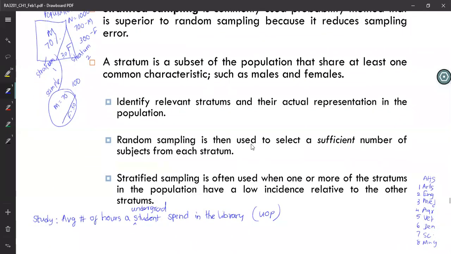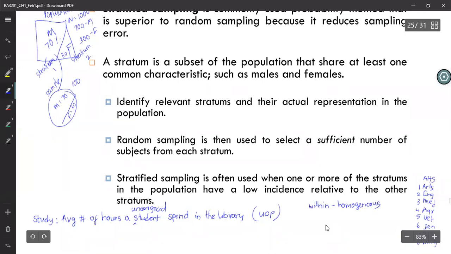Right. So inside each stratum, the subjects should have the same characteristic. But between the strata, they should be different. So that is called homogeneous and heterogeneous. Within strata, it should be homogeneous. Homogeneous means very, very close in characteristic.